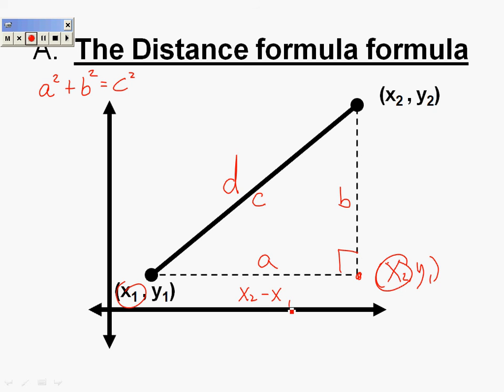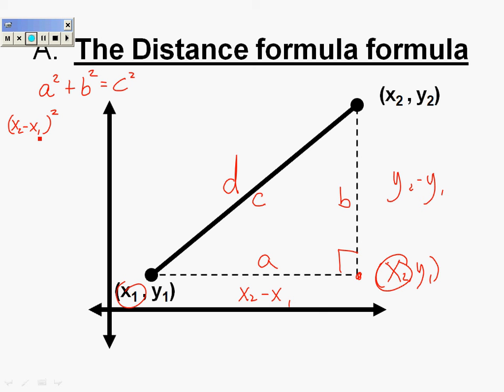Now we're going to find the b length, and this time, how am I going to do that one? Yeah, you're going to subtract your y values. Now, what's the point of doing that? Well, we're going to use Pythagorean's theorem, but instead of a squared plus b squared equals c squared, we're going to use the lengths that we have on this triangle. First of all, what have I used to represent the length of a? x2 minus x1.